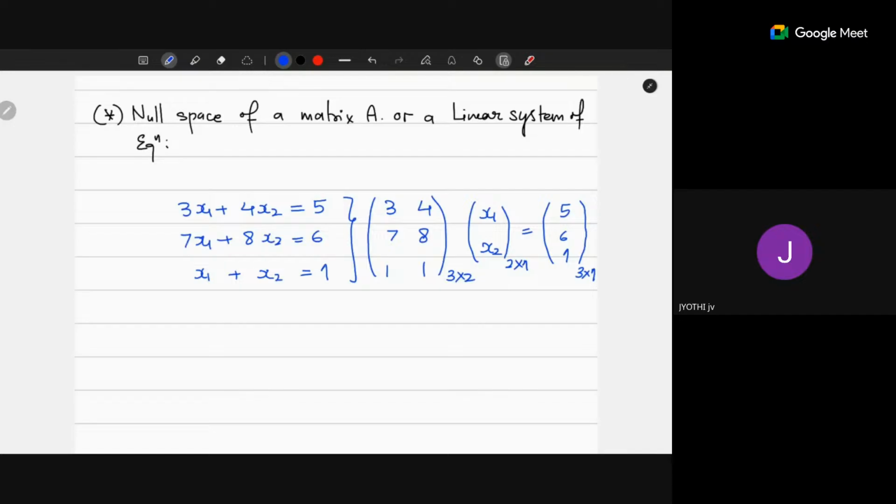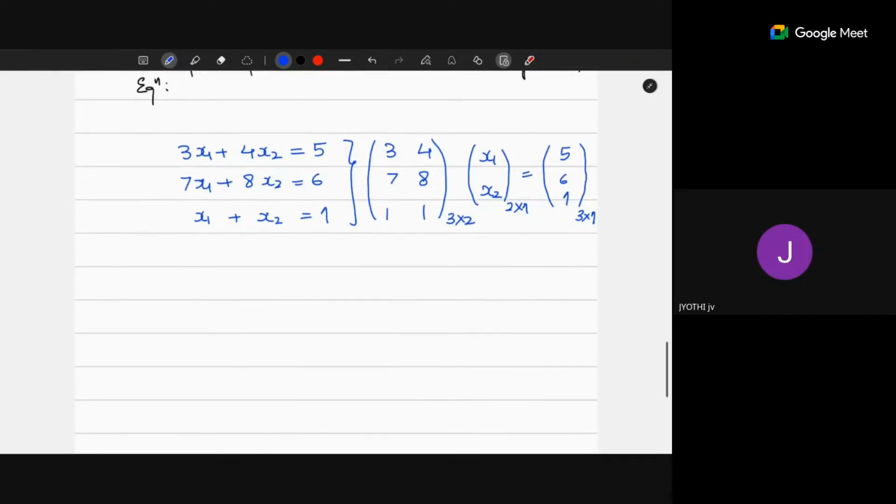So this system of equations can be realized as a matrix multiplication. And you have seen how to solve this system of equations, by Gaussian elimination.